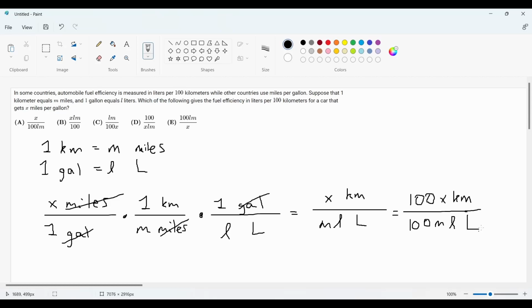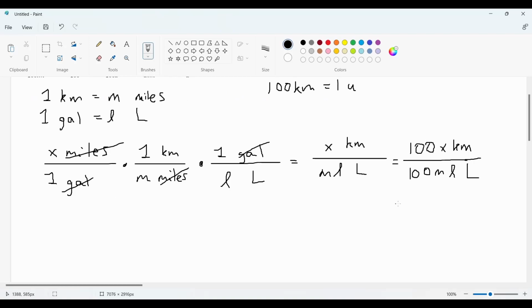So how many liters does it take to go 100 kilometers? Let's turn 100 kilometers into its own units, which I'll call U for units. Then we have 100 kilometers is equal to 1 unit. Then the 100 kilometers combine, so it becomes x units per 100 mL liters.